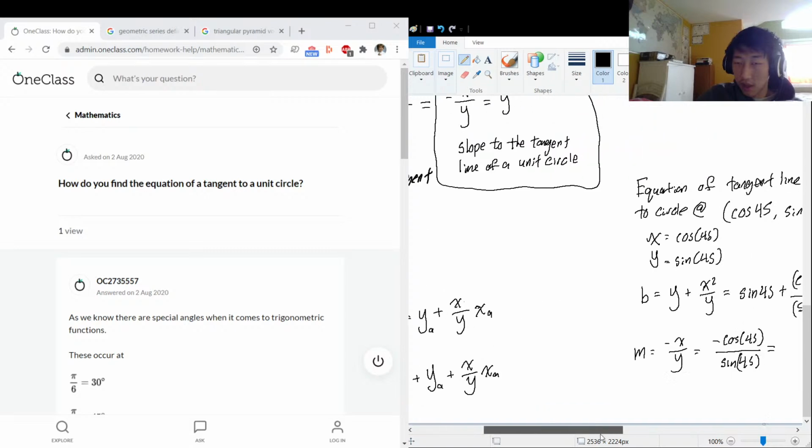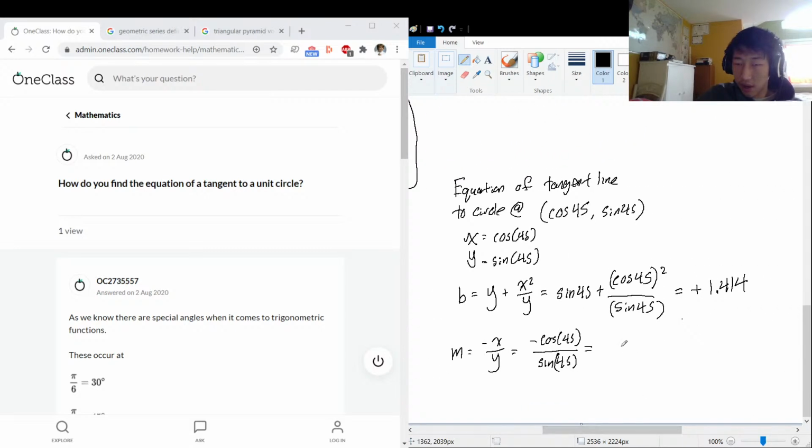Awesome. So then we can find our slope, which is negative cos 45 divided by sine 45. I believe that's negative 1. I'll just verify. Yep, it is just negative 1.